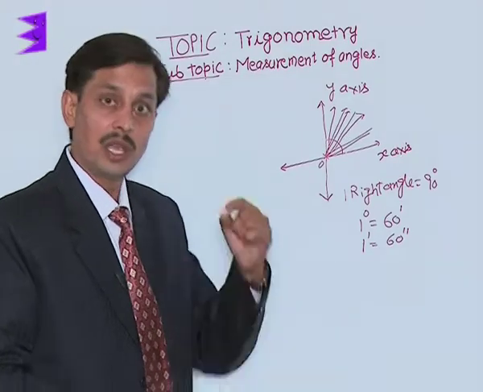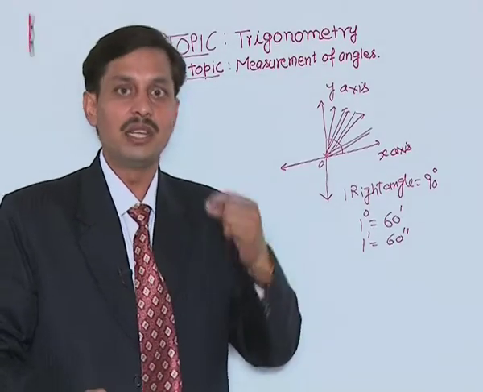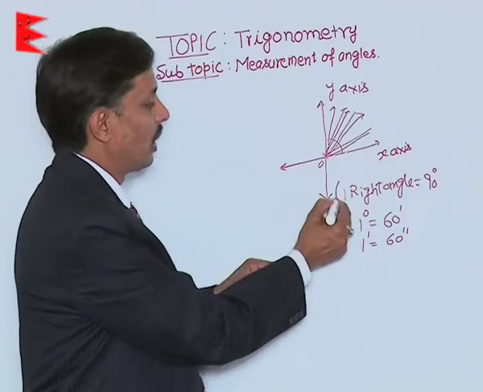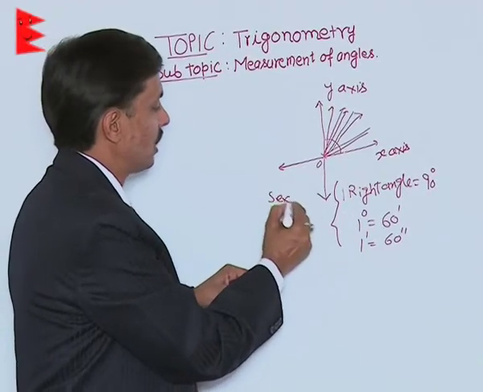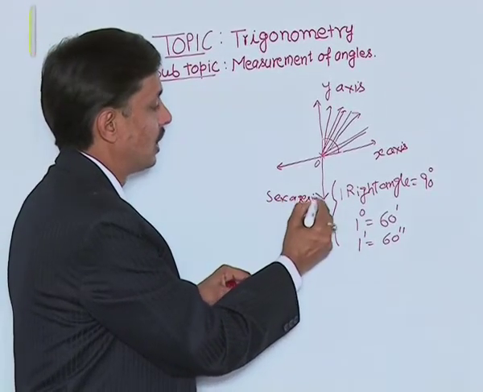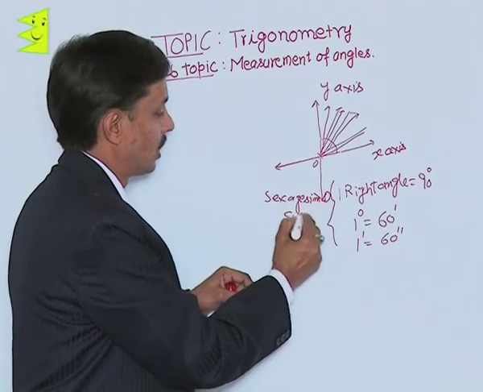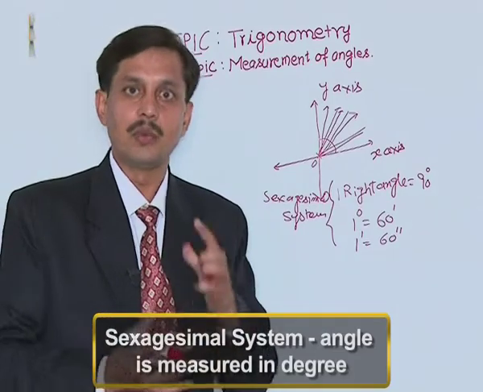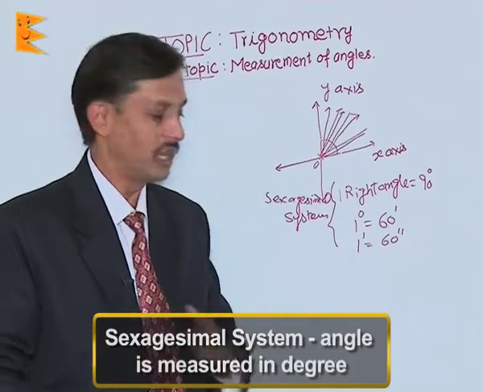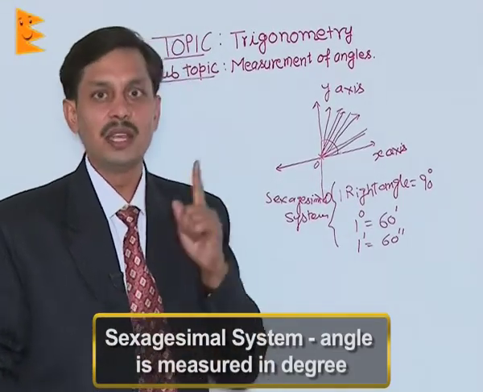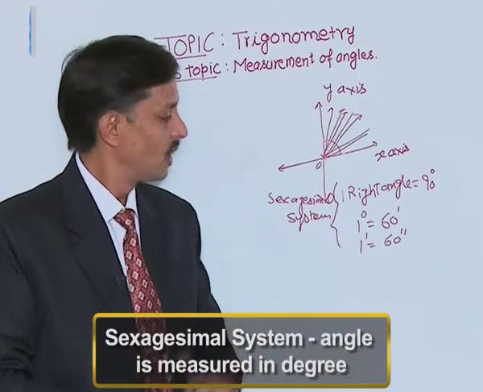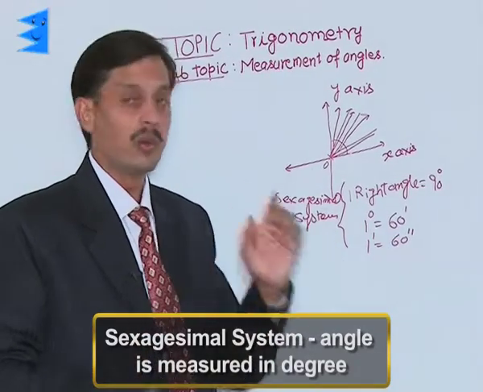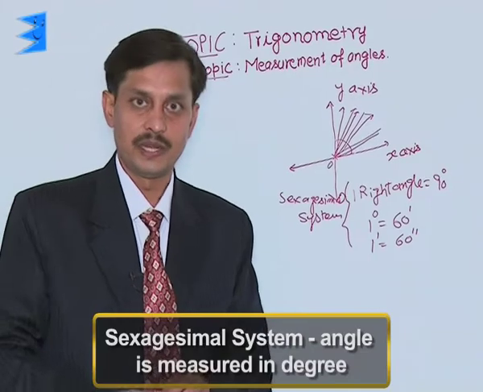The system in which angles are measured in degrees is known as the sexagesimal system. One right angle is equal to 90 degrees, 1 degree is 60 minutes and 1 minute is 60 seconds.